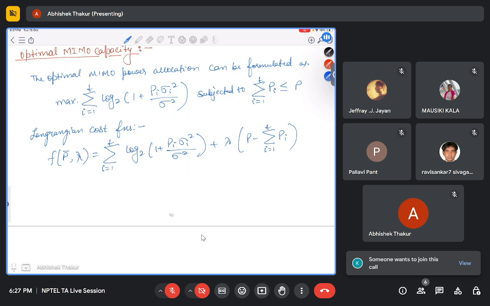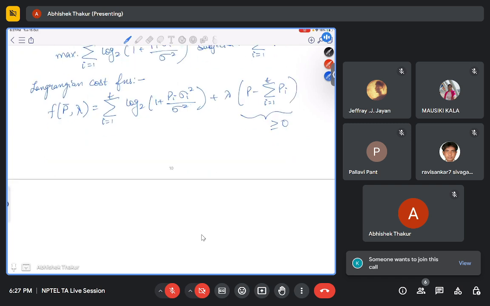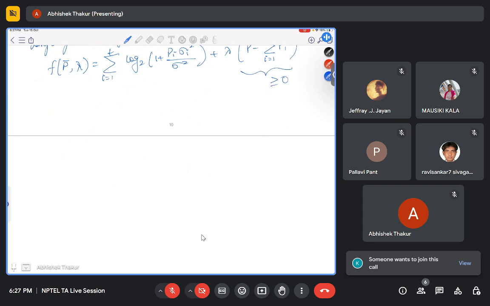As summation of Pi is less than P, P minus this term will always be greater than or equal to 0. So to optimize this, we take the derivative of the Lagrangian cost function with respect to Pi and set it equal to 0.